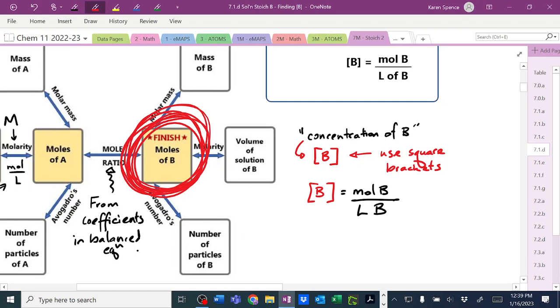You found moles of B. The liters of B will be given in the question.